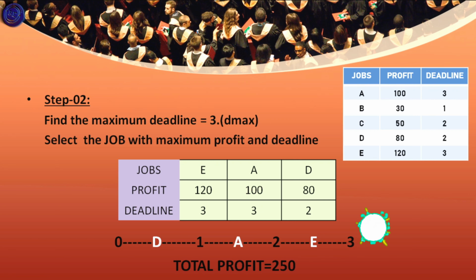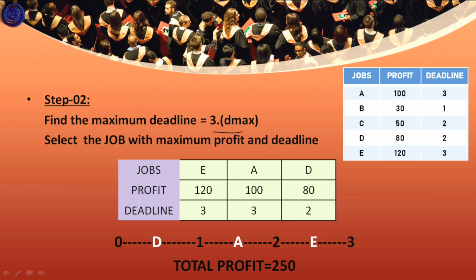After that, in step 2 we are going to find the maximum deadline. The maximum deadline is 3 hours. After that, select the job with the maximum profit, which should be completed in 1 unit of time.